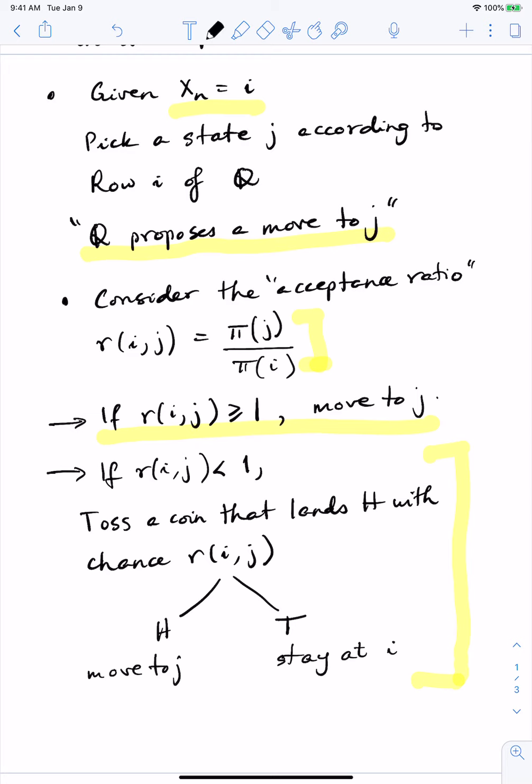So supposing Rij is 0.9. So this coin is hugely likely to land heads. So you're hugely likely to move. Does that make sense? Well, if Rij is 0.9, then your pi j is very close to your pi I, right?